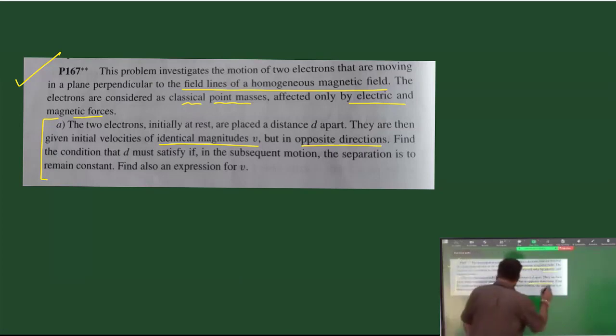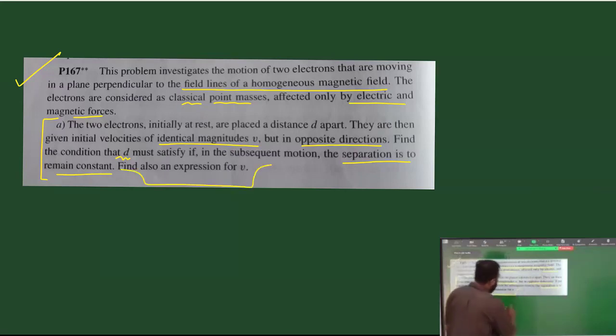So you have to state what is the condition on the distance between them in the subsequent motion if the separation between the particles has to remain constant, and you need to derive the expression for V also.